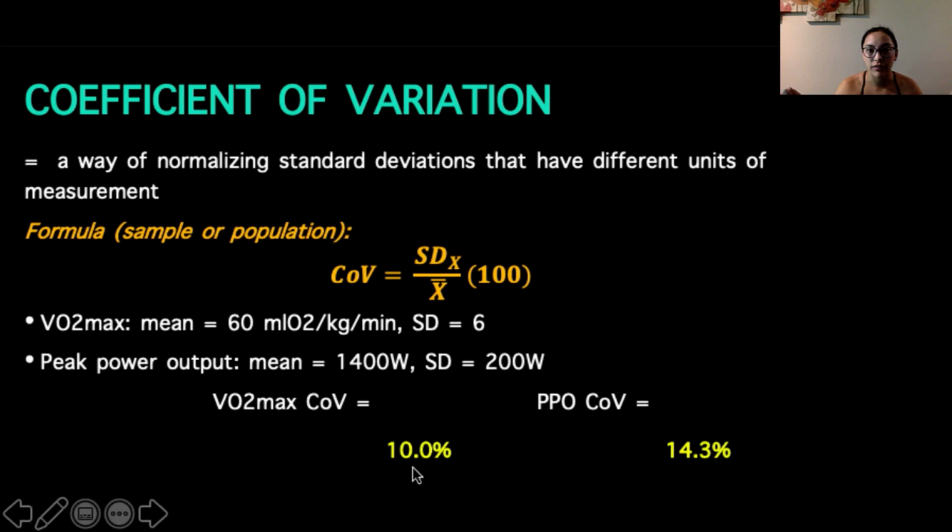In this case, the larger the percentage is, the more variability. The lower the percentage is, the less variability. So if we wanted to know which of these values had a greater variability within its data set, we would say peak power output because 14.3 is greater than 10.